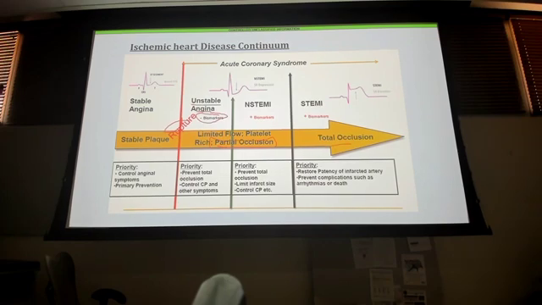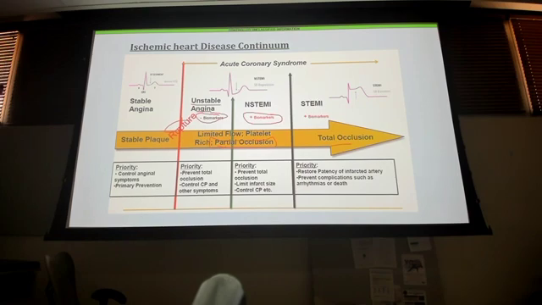Compare that to the non-ST elevation myocardial infarction, where your biomarkers, so troponins, are positive. So you have a patient, the EKG shows ST depressions or T-wave inversions. You do the biomarkers, and now the troponins come back positive. You know right away that this is a non-ST elevation MI.